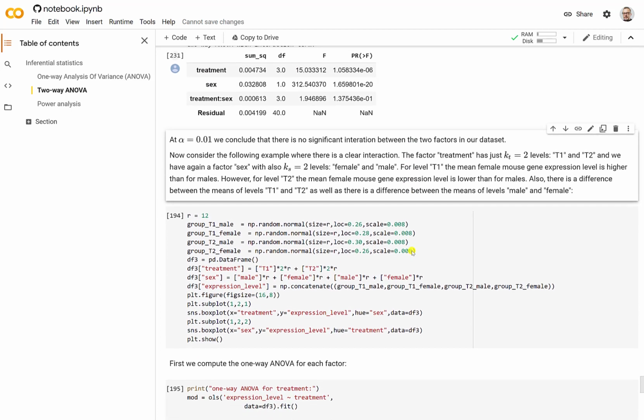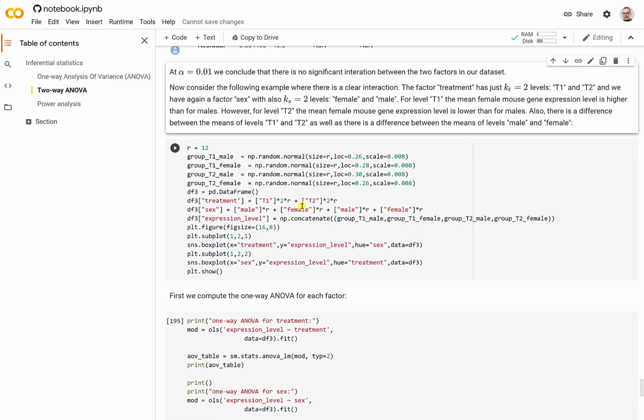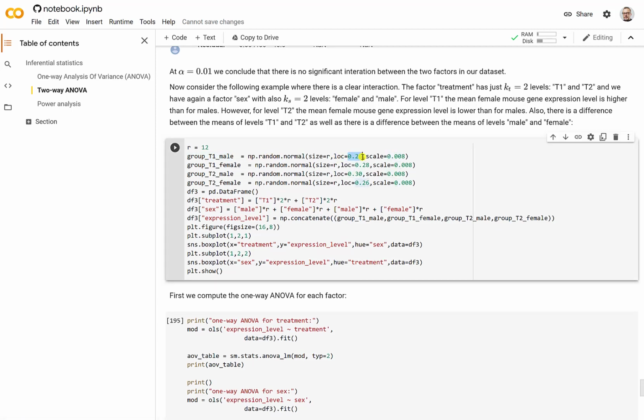So let's create a different data set where we add such an interaction. So what I'm doing here, I can just explain, I have a factor treatment which has two levels, T1 and T2, okay? And for each of them I have males and females, okay? And so in T1 the males are drawn from a population with a mean of 0.26, okay? The females are drawn from a population with a mean of 0.28, okay?